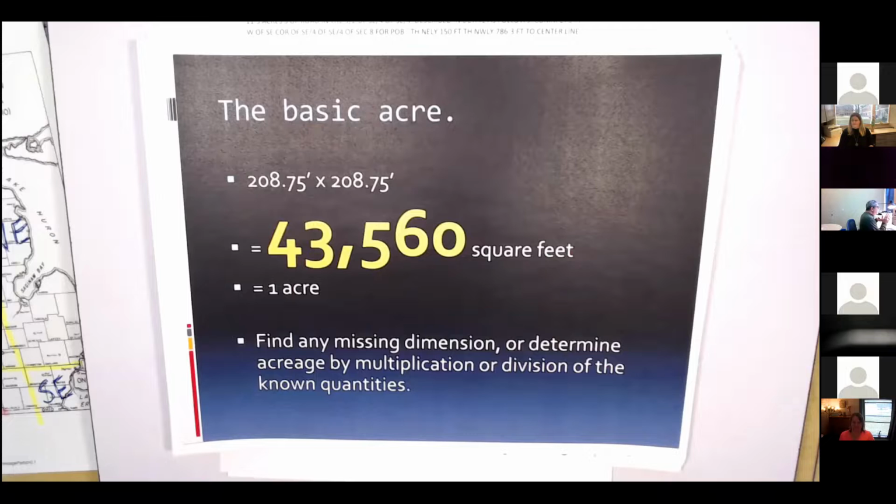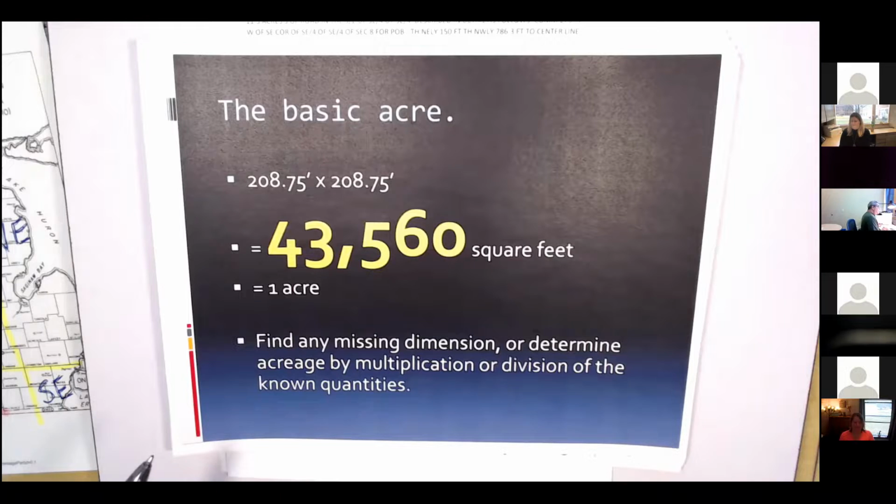If you know the measurements of your two sides, if you're dealing with a square or rectangular piece of land, which most are, you can always calculate the number of acres pretty quickly.